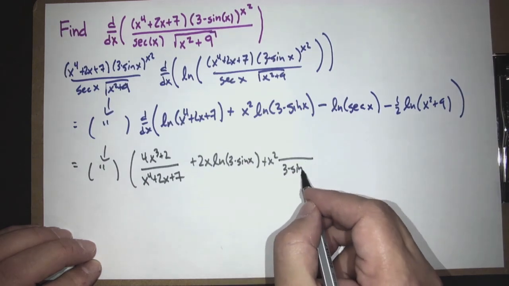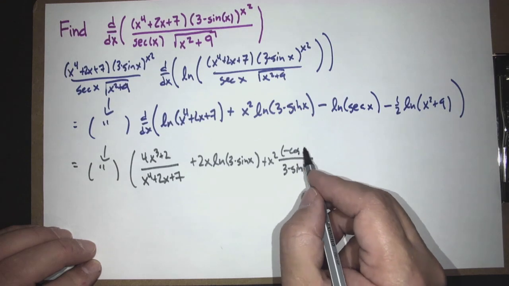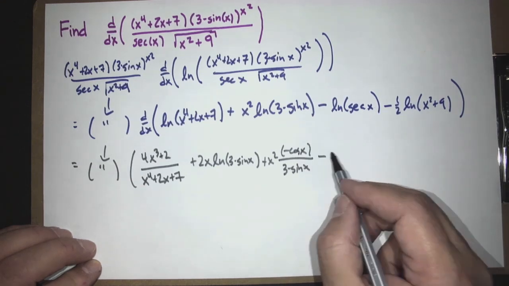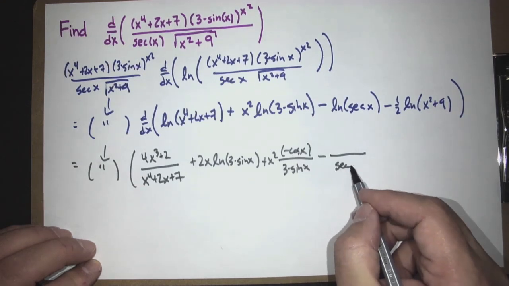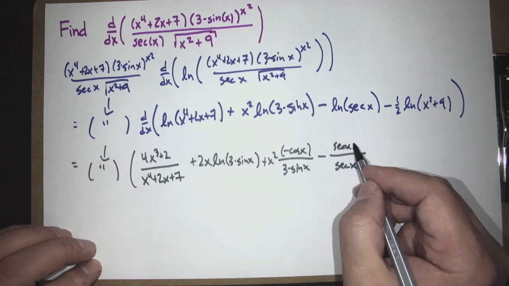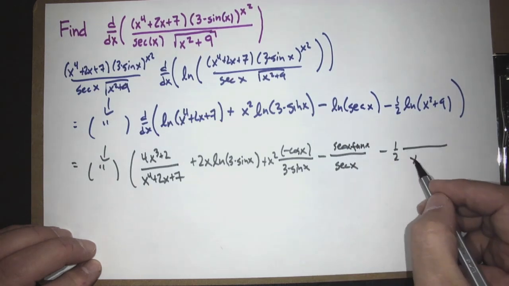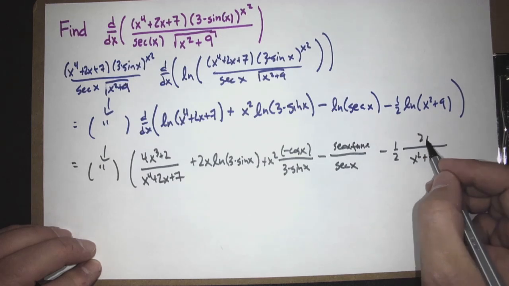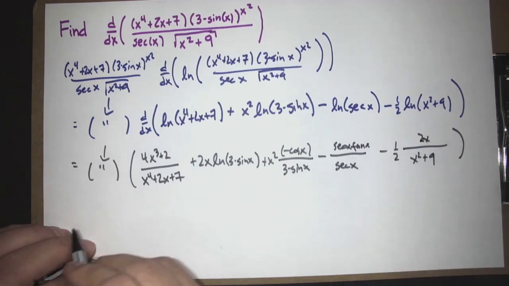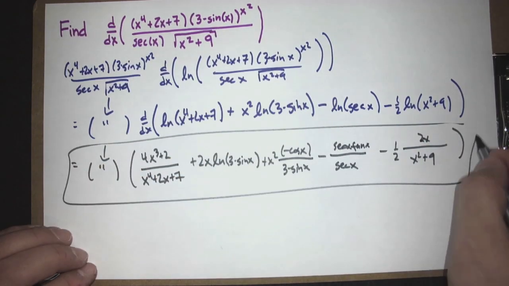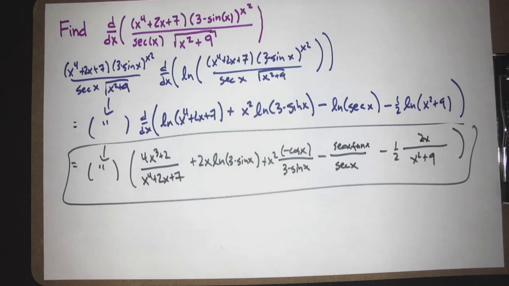Downstairs, 3 minus sine x. Upstairs, negative cosine x. Derivative of log secant: downstairs, secant. Upstairs, secant tangent. Log of x squared plus 9: downstairs, x squared plus 9. Upstairs, 2x. And essentially, we're done. We've taken that derivative. We could clean up a little bit, but we don't need to.